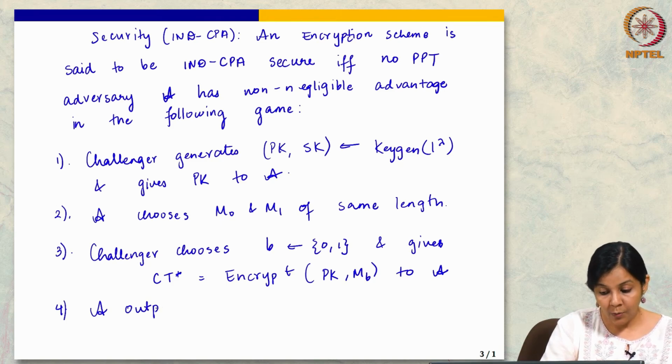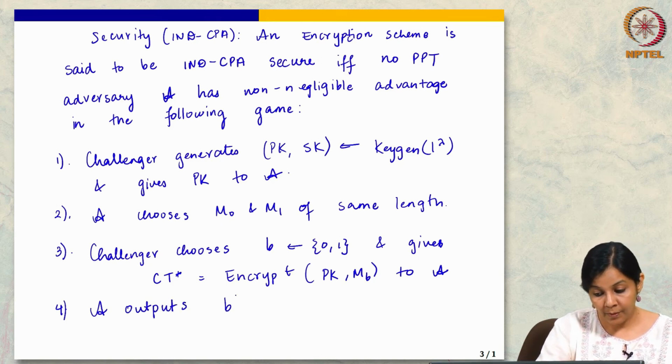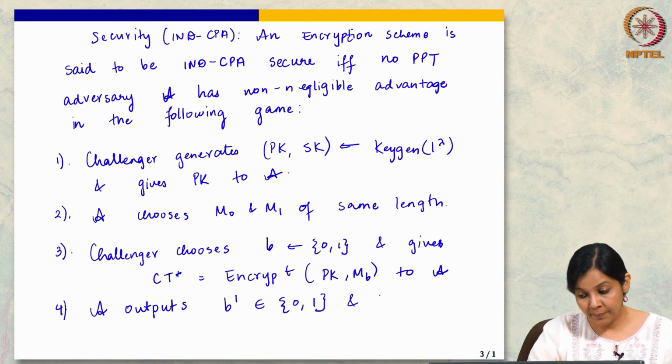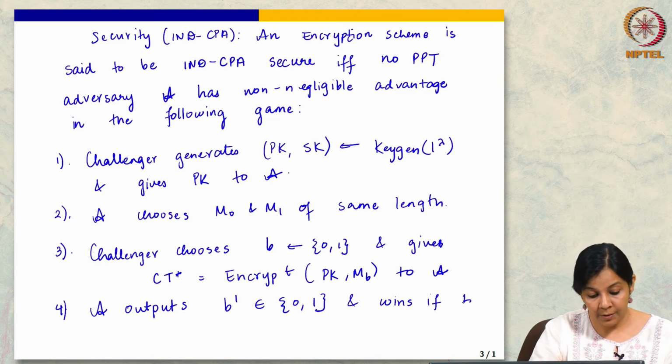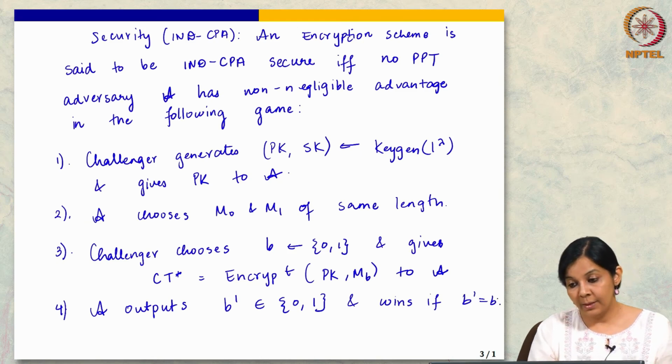And then A outputs b prime in {0,1} and wins if b prime is equal to b.